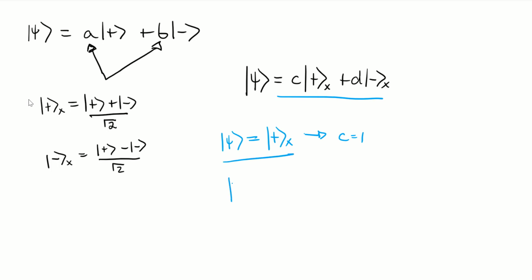However, if I take that same state and describe it in the z basis up here, I have that 1 over root 2 plus minus vector, and it is a superposition of those two z bases. So you can have the same state be a superposition state in one basis and not in the other.